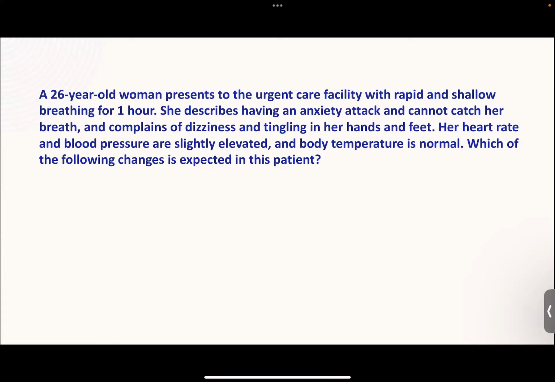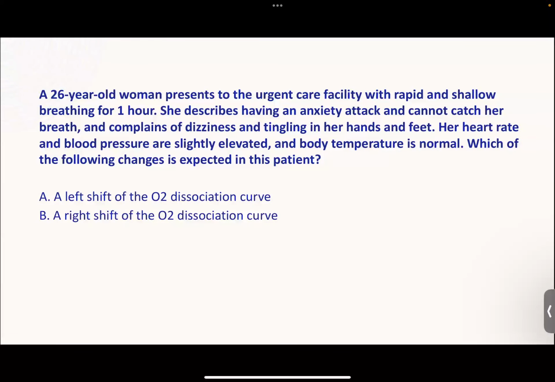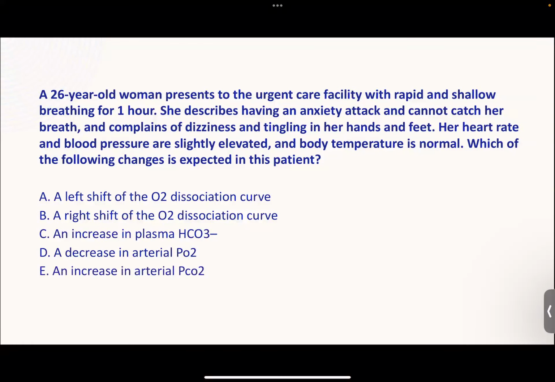She describes having an anxiety attack and cannot catch her breath, and complains of dizziness and tingling in her hands and feet. Her heart rate and blood pressure are slightly elevated, and blood temperature is normal. Which of the following changes is expected in this patient? A, left shift of O2 dissociation curve; B, right shift of O2 dissociation curve; C, increase in plasma bicarbonate; D, decrease in arterial PO2; or E, an increase in arterial PCO2.